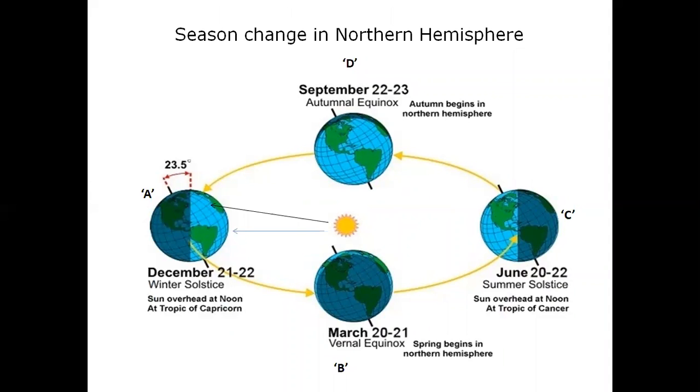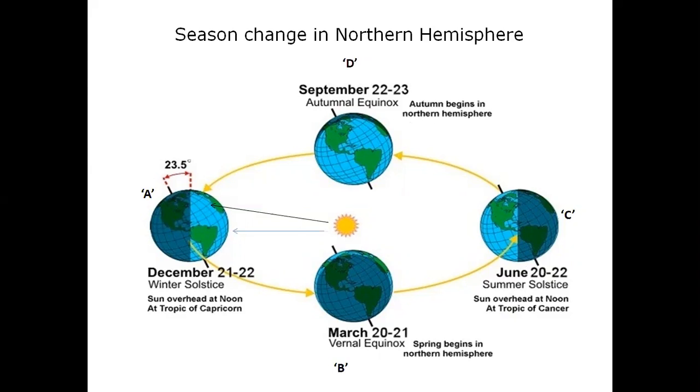Now, in this picture, you see how the Earth revolves around the sun at its own path, known as the orbit. But you can also use this picture to determine which seasons occur at each of these 4 points.